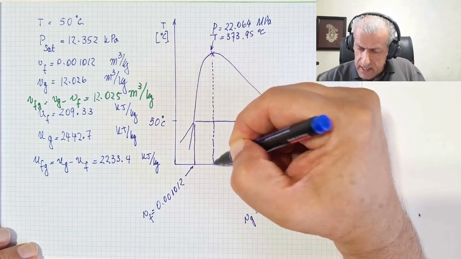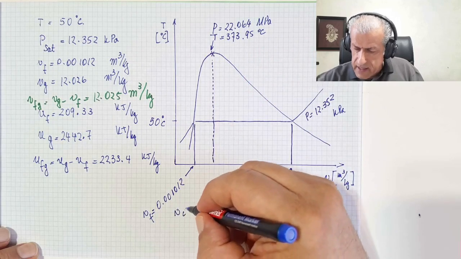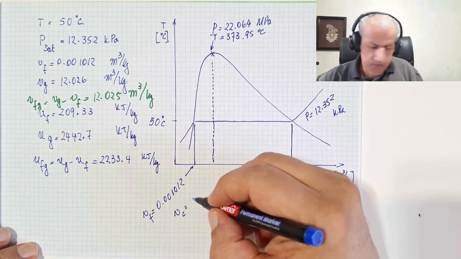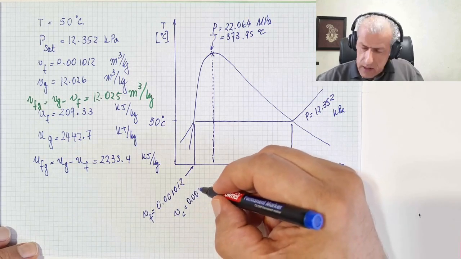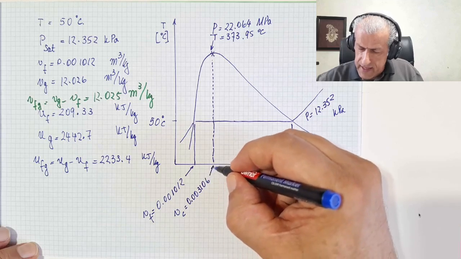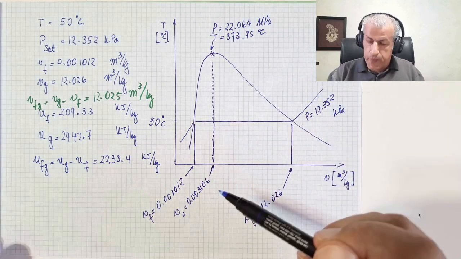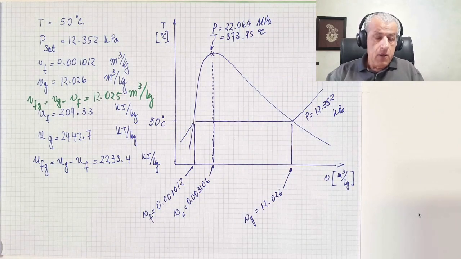This specific volume, V at critical point, is 0.003106. Okay, these are properties of water.